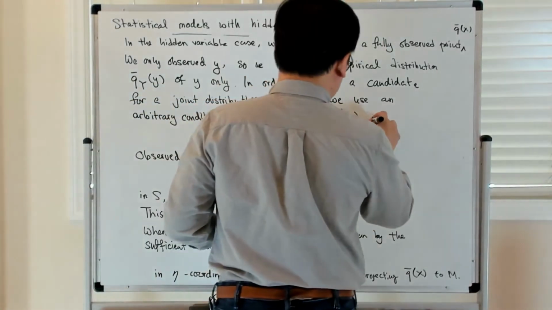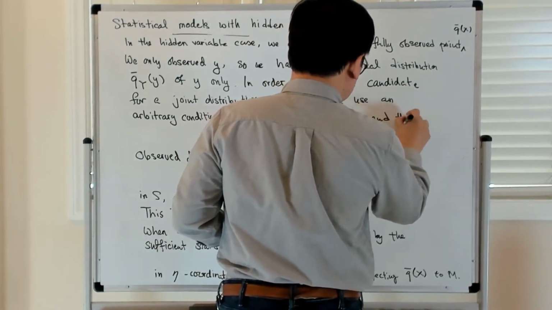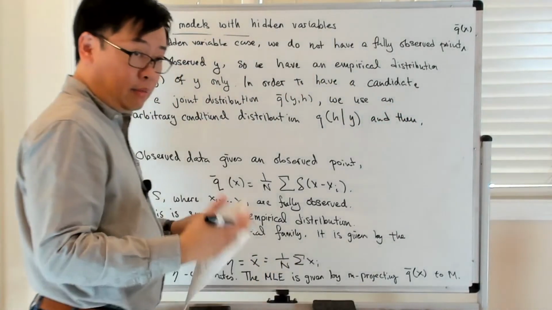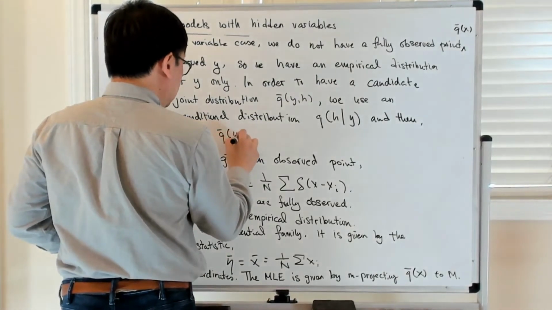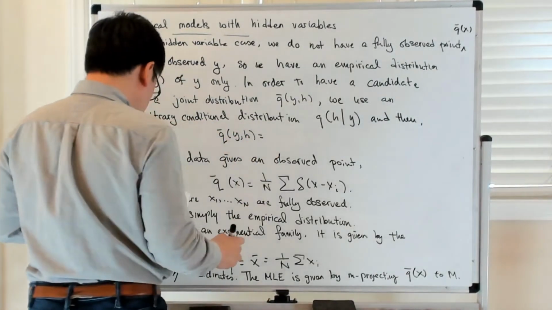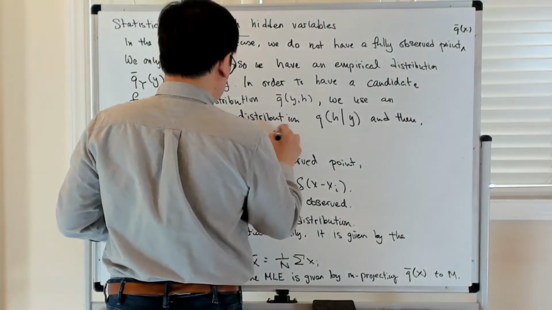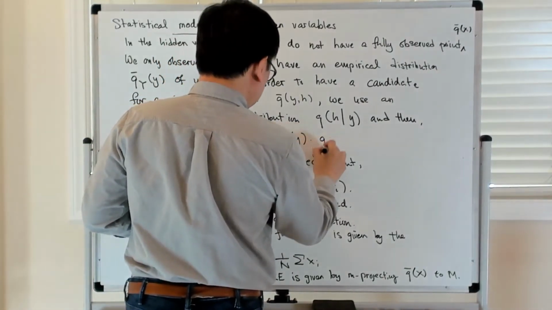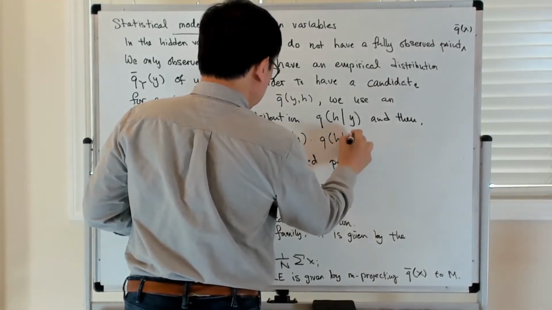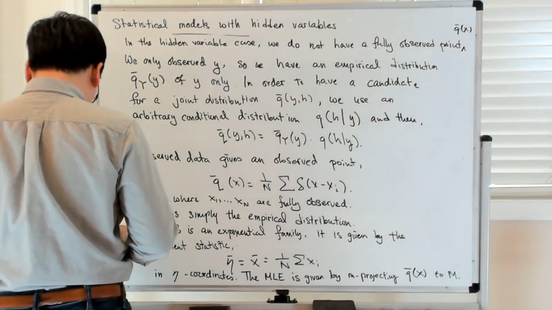And then apply Bayes' rule, which says that Q bar y of h is equal to this marginal distribution times this conditional probability. Okay.